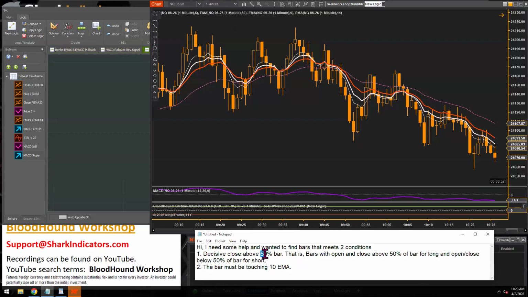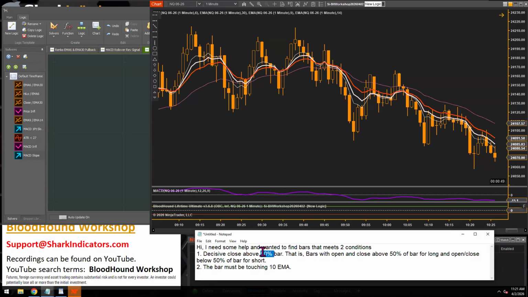So when you need the bar to close at a certain percentage, near the top or near the bottom, depending on the bar direction, that's a mathematical formula, right? Bloodhound doesn't do mathematical formulas there. But you're lucky here, Ranga, because you're only dealing with the 50%.